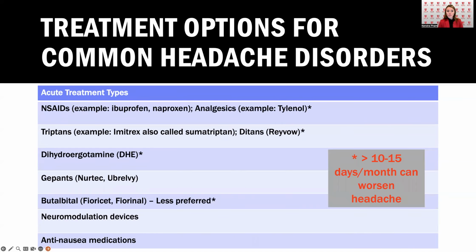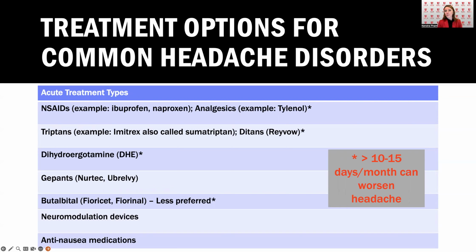And then on the acute side of things, so again, these are what we take as needed when a headache does come on. We can use several different types of medications. There's the NSAIDs, or non-steroidal anti-inflammatory drugs. For example, ibuprofen, naproxen, analgesics, such as Tylenol. There's a class of medication developed more specifically for migraine called triptans.